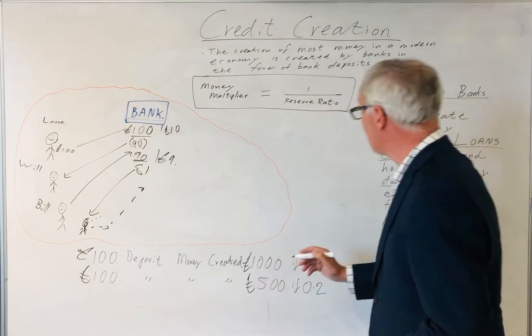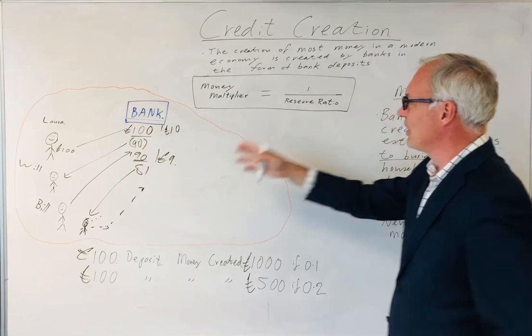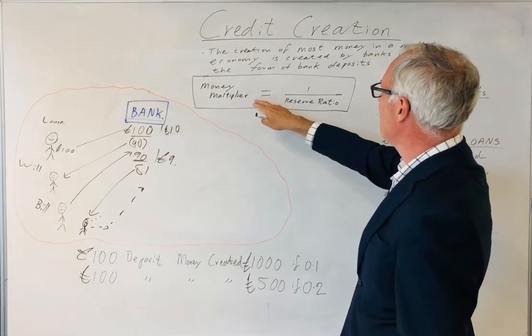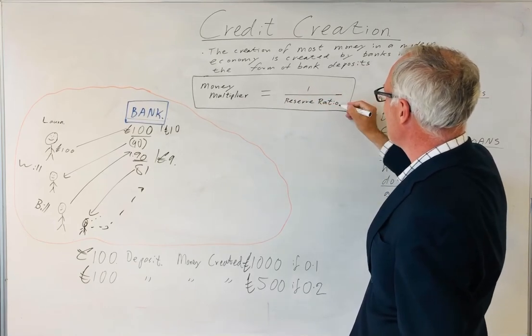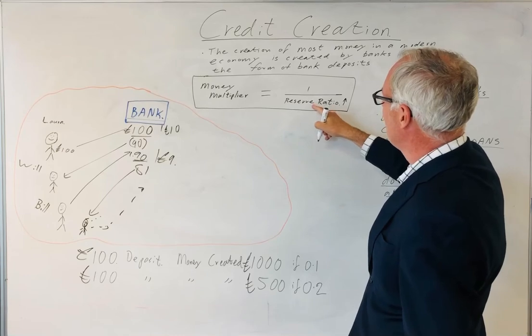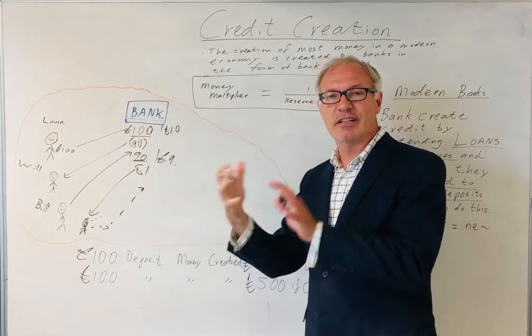Okay. So, looking at this simple formula, which we can derive, this explains this money multiplier process. Money multiplier equals 1 over reserve ratio. So the bigger the reserve ratio, okay, the less the money multiplier effect in an economy.